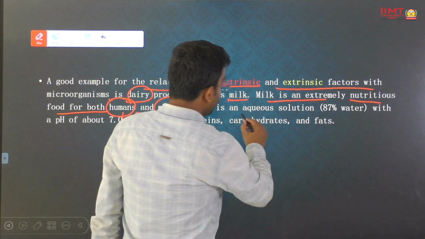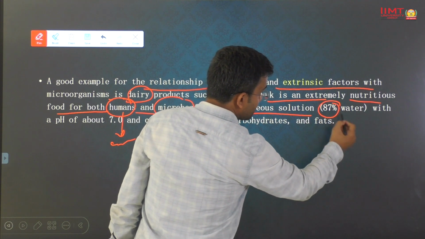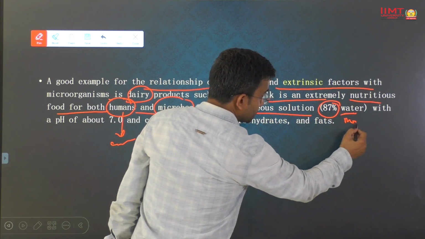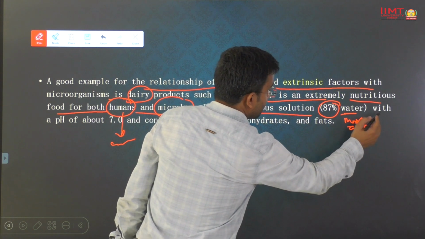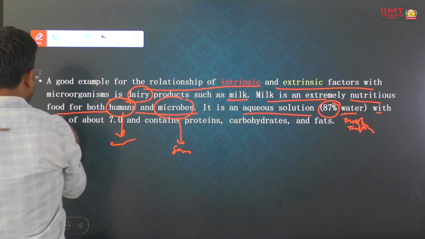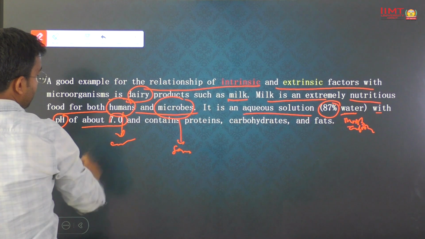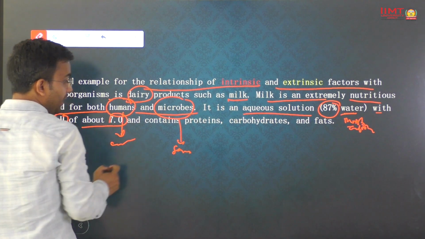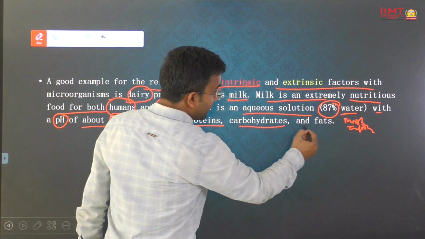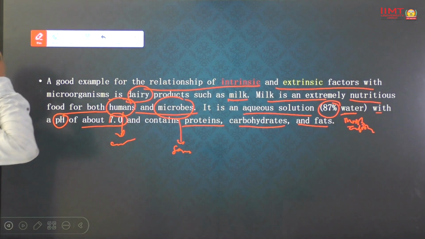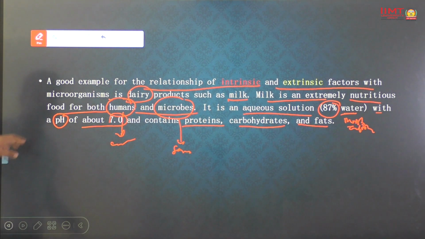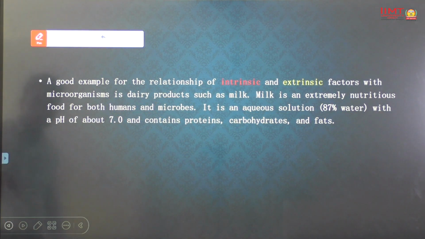It is an aqueous solution, 87% water, meaning a moist condition, with a pH of about 7, and it contains protein, carbohydrate and fat. This is the condition for microbes to grow and spoil the food products.